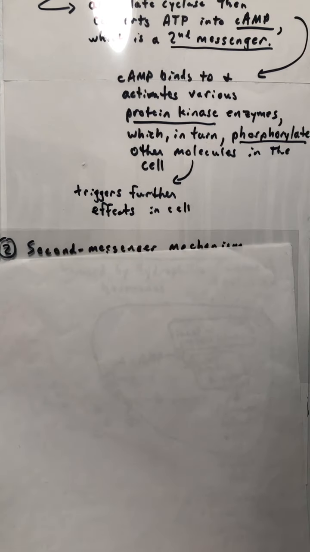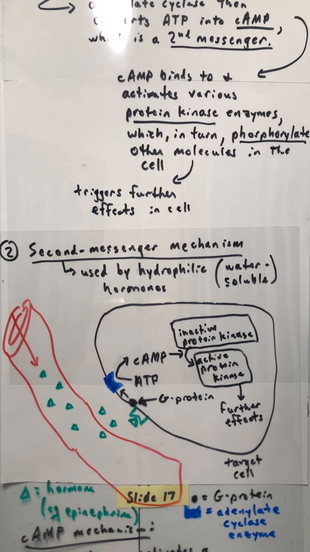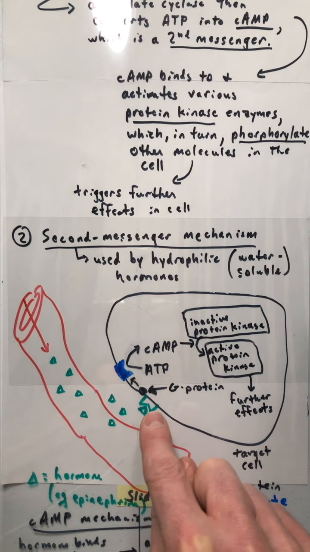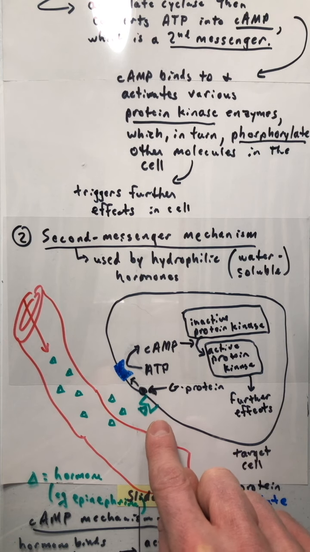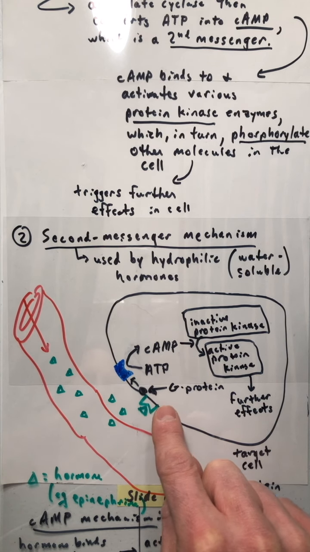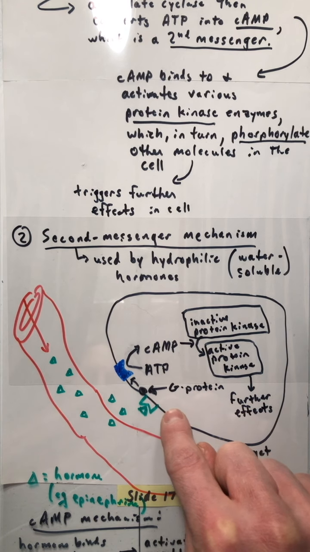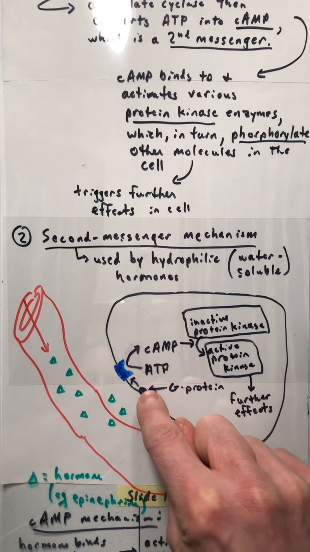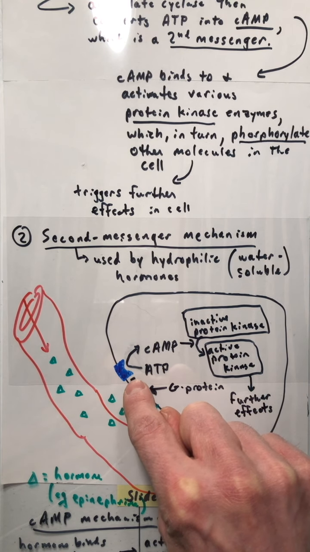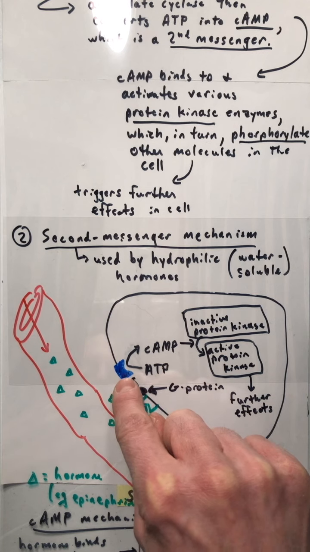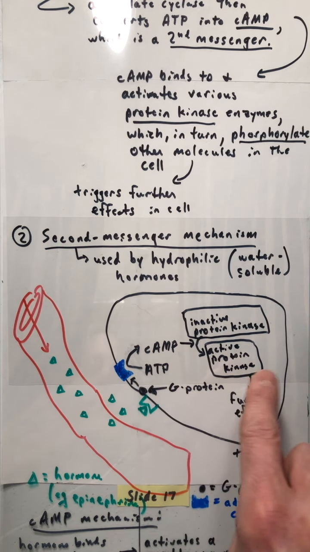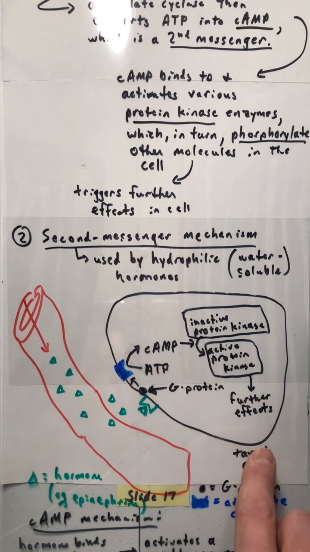So one question you might be asking, I asked this when I first learned about this, is why so complicated a process? It's the picture I just drew a minute ago. There are a lot of steps in this. Hormone binds to receptor, receptor activates G protein, binds to GTP, GTP gets converted to GDP, and that conversion helps activate another enzyme, which then converts ATP to cyclic AMP, then activating protein kinases, which phosphorylate other things.